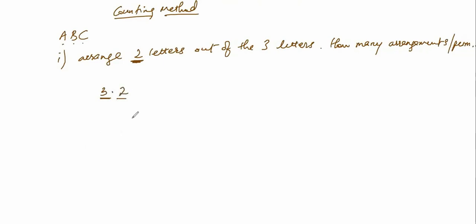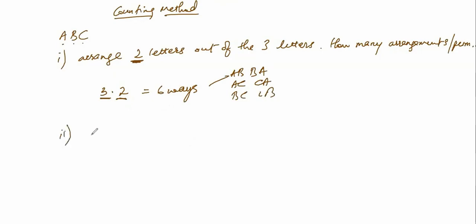So 3 into 2. Once 1 letter is taken out, there are 2 letters remaining, so the second dash will have 2 options. And hence your answer is 6 ways of arranging 2 letters out of the 3 letters. And these 6 ways are nothing but AB, BA, AC, CA, BC, CB.